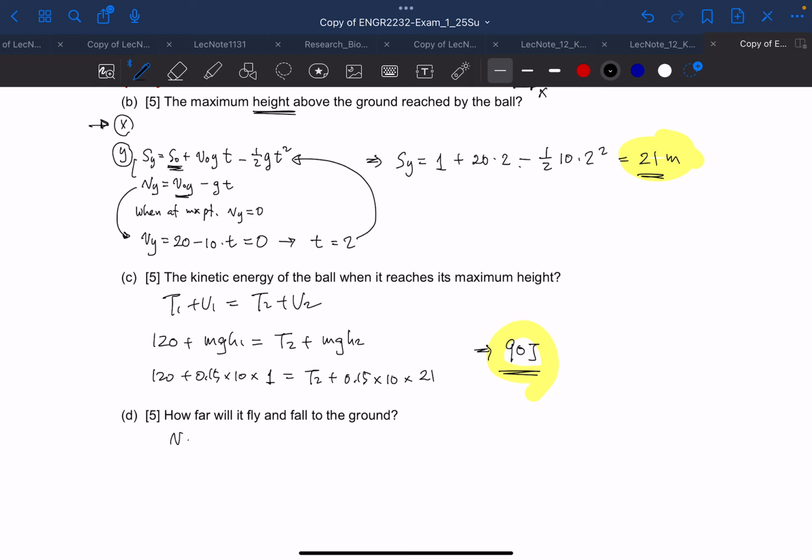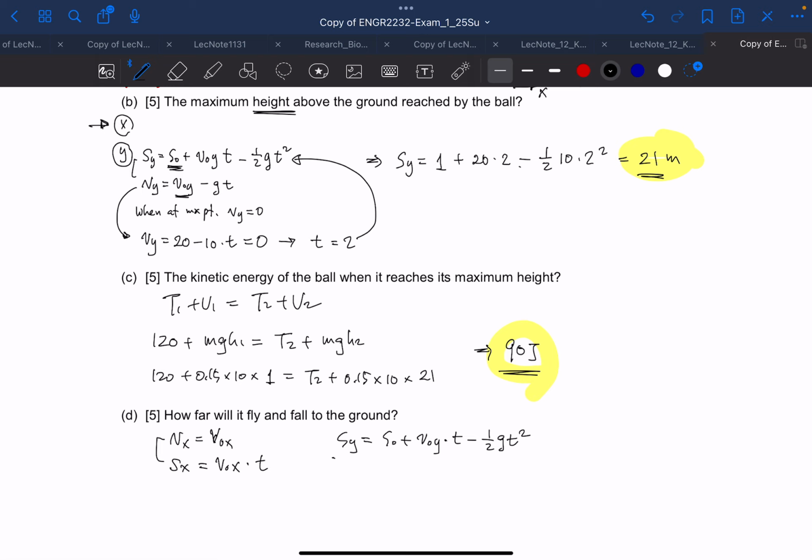V of x is constant, V0x, and S of x is V0x times t, right? And S of y is S naught plus V0y times t minus 1/2 GT squared.